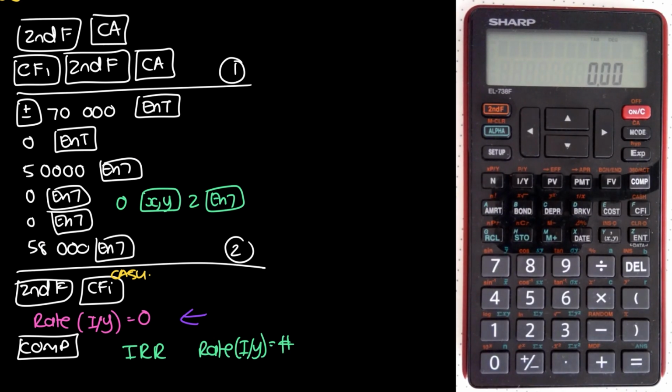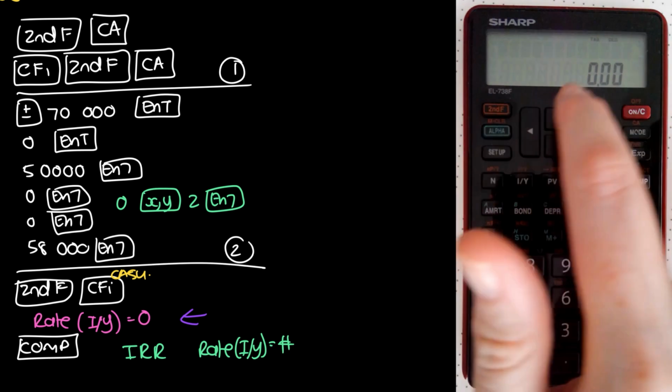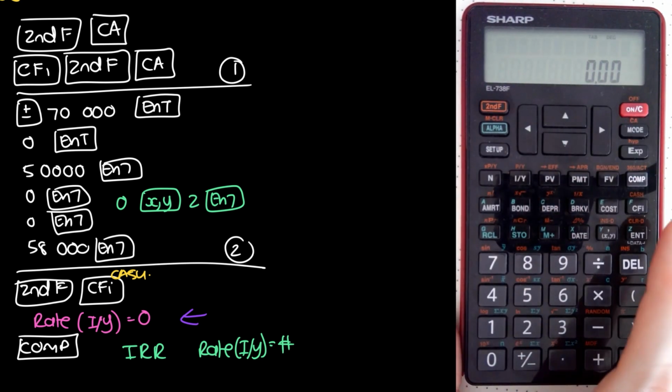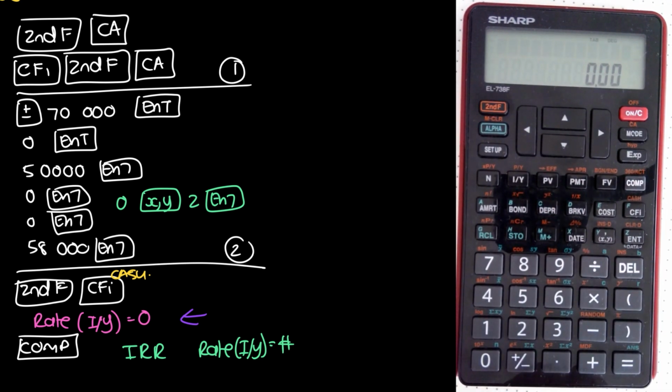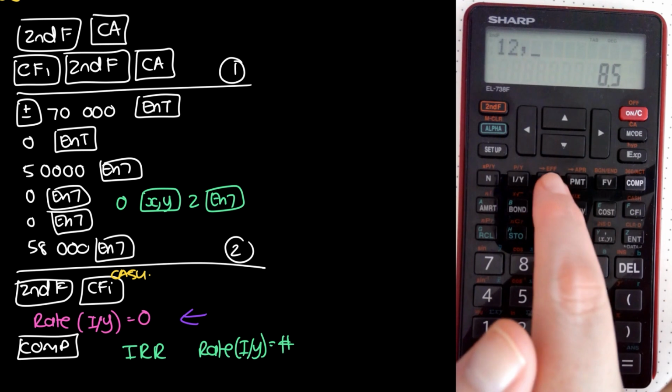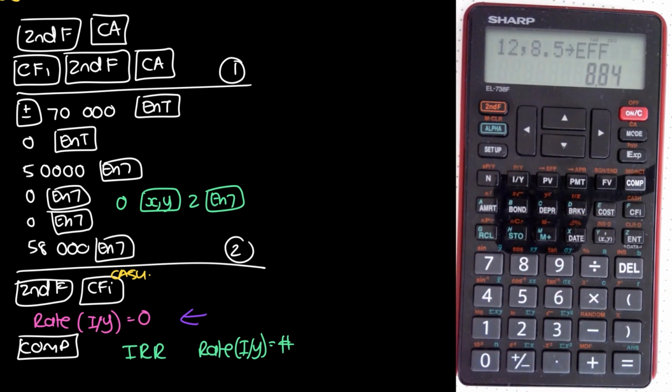Okay, so the first thing I'm going to do in this example is convert the nominal interest rate, which is 8.5% per annum compounded monthly, to the annual effective interest rate. To do that, we're first going to press second function CA, clear everything, and then, since it's compounded monthly, we take M, which is 12, use the XY button, put in the 8.5, which is the nominal interest rate that we were given, and then say second function EFF to give us the annual effective interest rate.